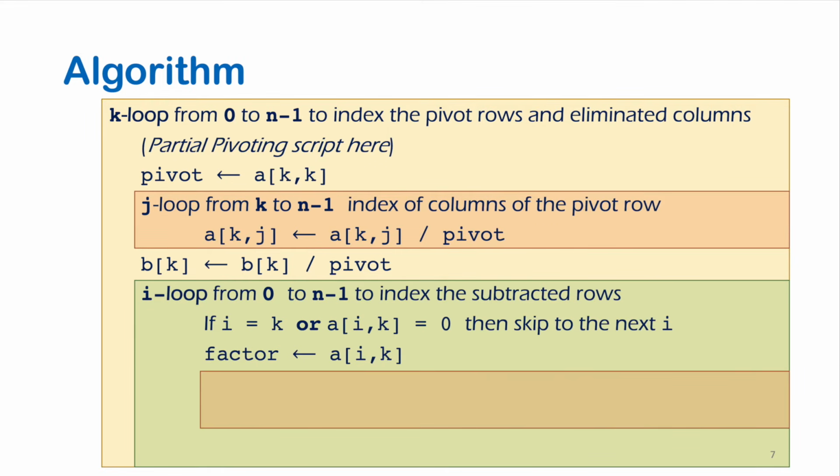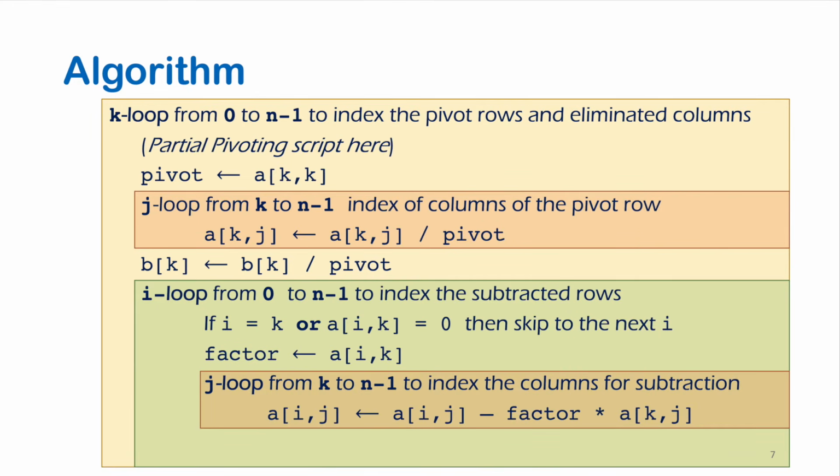The j loop includes the subtraction step of the element of each row on the corresponding column. Finally, we apply the same process for the element of the b vector. The calculation of the b vector element can be put just after computing the factor above, because it doesn't depend on any values from the j loop. I've put it here just to keep it in the sequence shown in the previous slides.